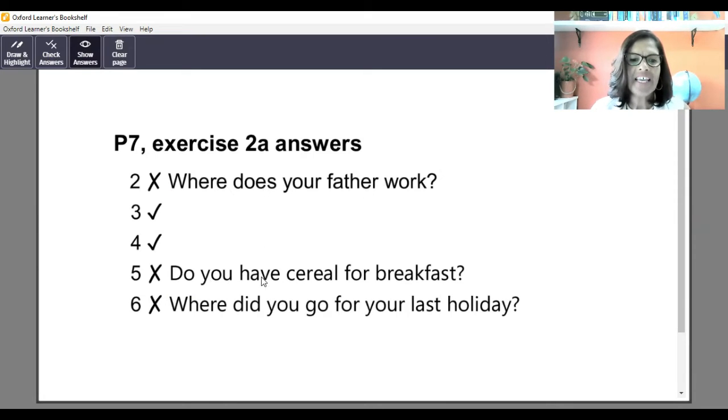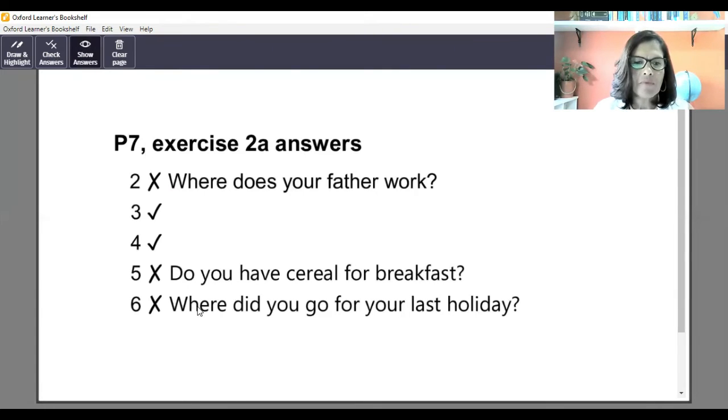And here, I need to use the auxiliary do, because the verb here, have, is the main verb. It's not the auxiliary verb. Auxiliary verb, have or has, only for present perfect. But we will study this later on.